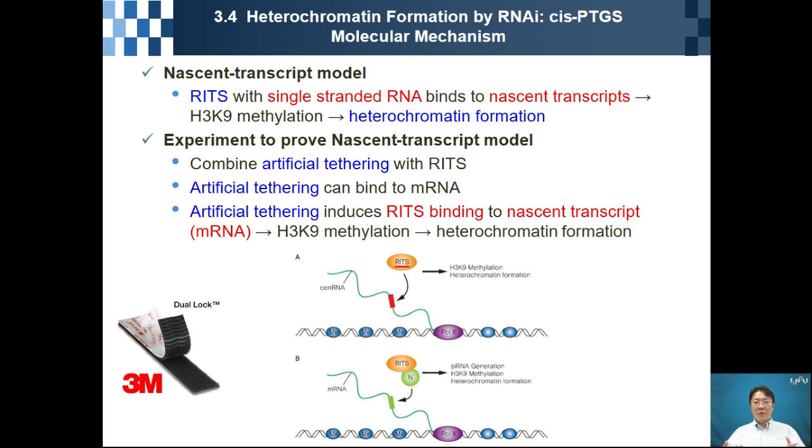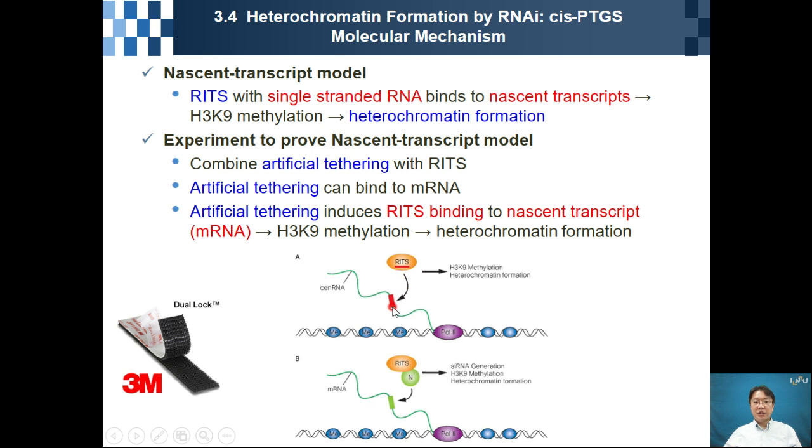In the previous slide, we learned RNAi dependent heterochromatin formation. Let me summarize it. This is the model. RITS with single-stranded RNA can bind to the nascent transcript, which means the newly synthesized transcript.